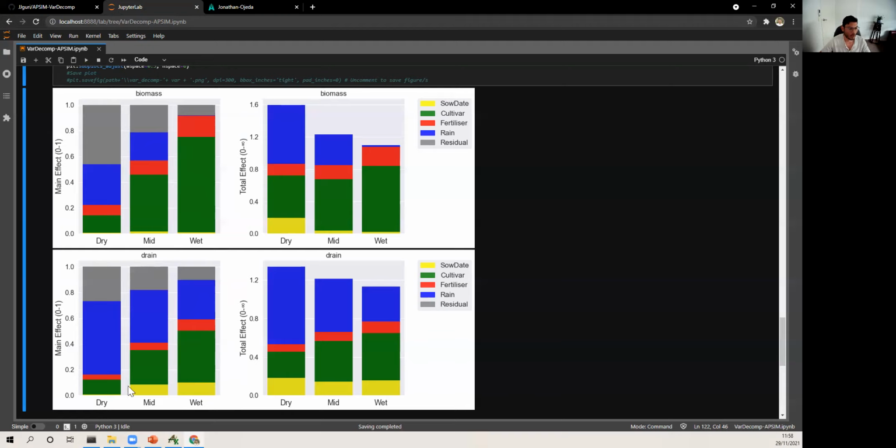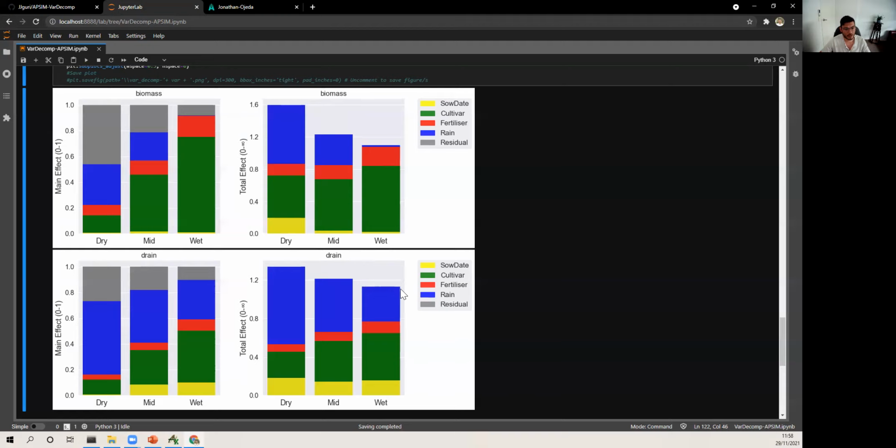And then we can see an increase again for the contribution of cultivar, and so on. So basically, you can do the same analysis for total effect for drain, and you can see that the figures are quite similar between biomass and drain.